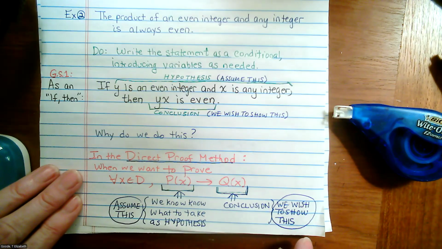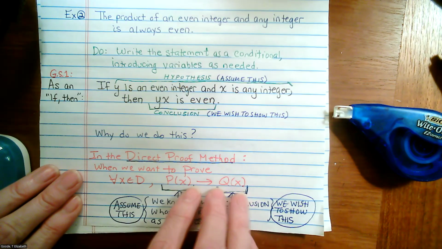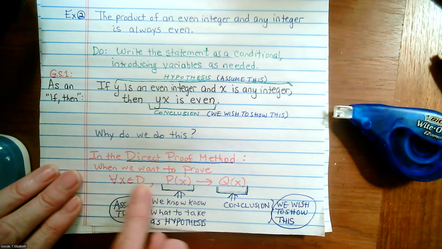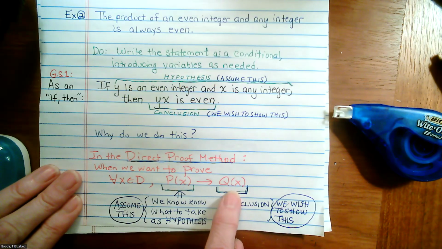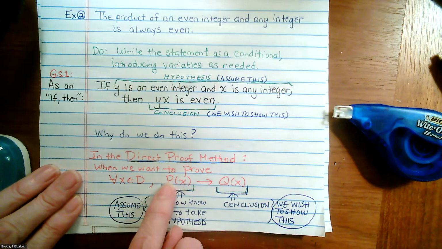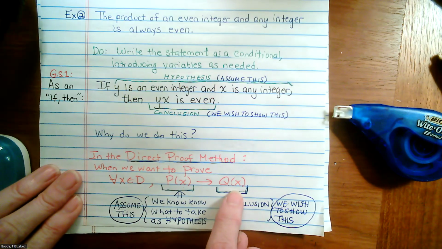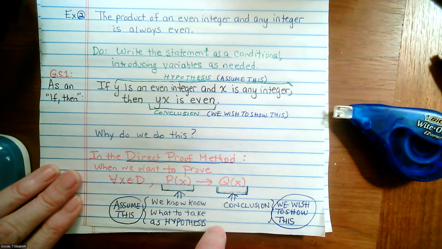There are other proof methods of universal statements. For example, you learned that there is an if-then statement that is logically equivalent to if P then Q. It's called the contrapositive.